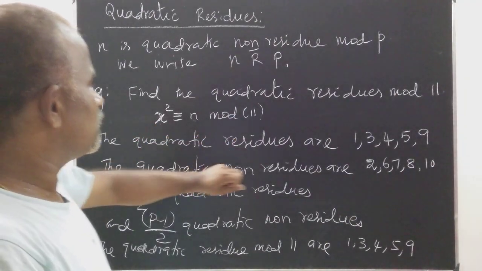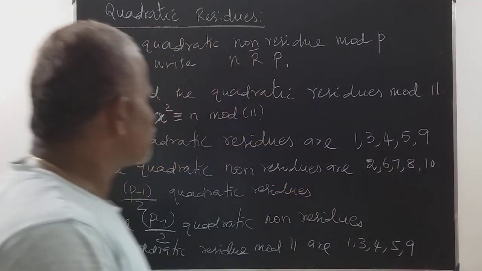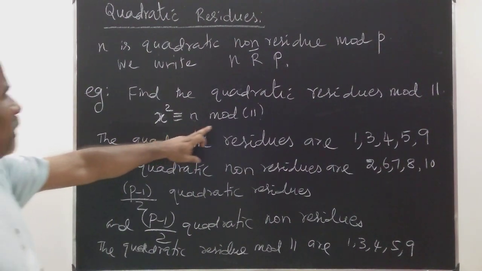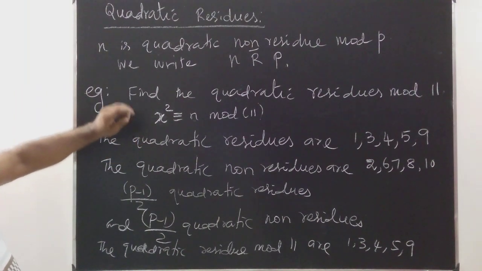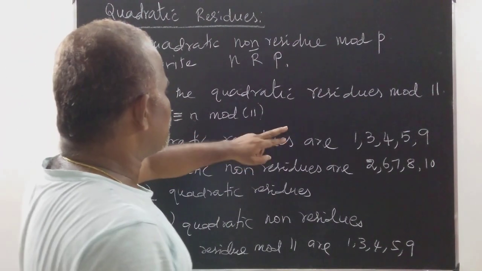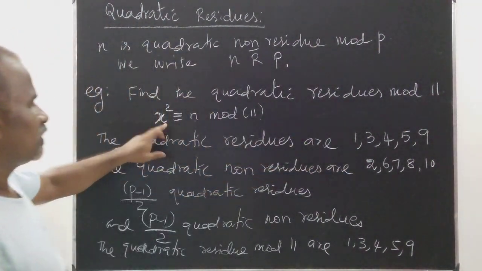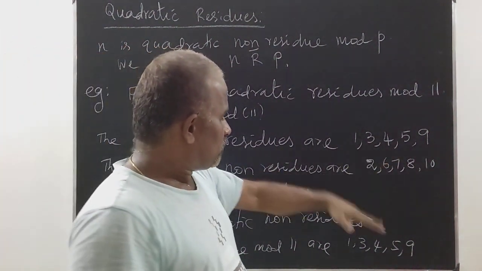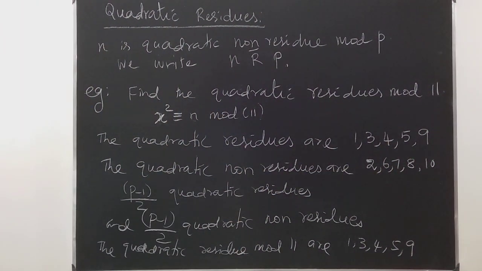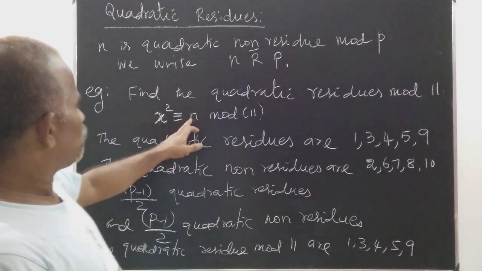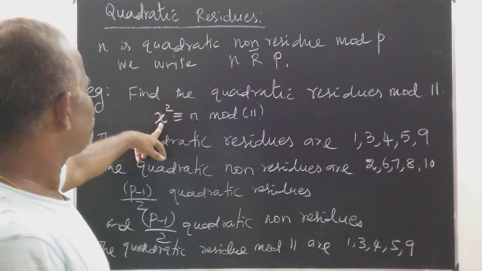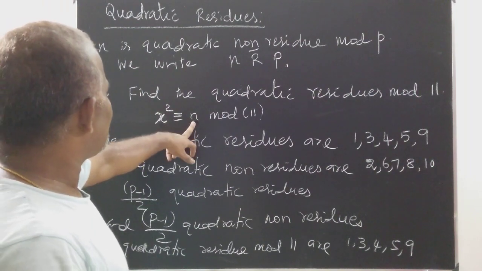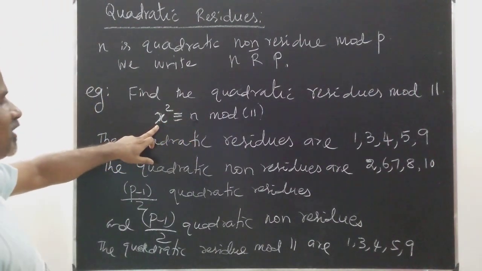So this is quadratic residues, and this is quadratic non-residues. You understand properly? For this particular n we can get x. Suppose you put here a 2, no such x exists. If you put 3 here, you can find x.